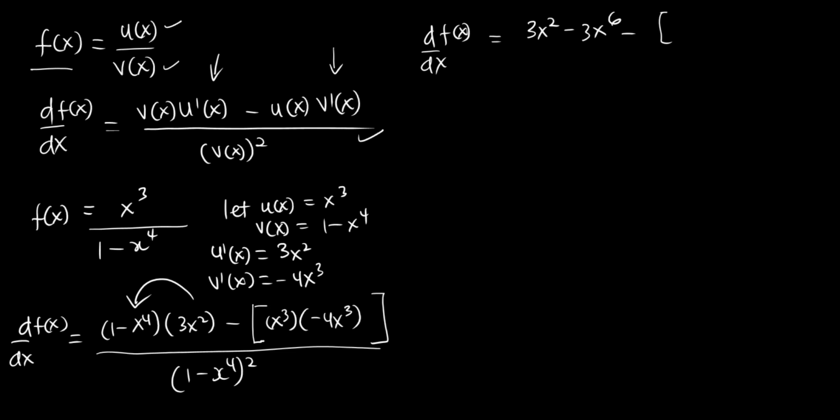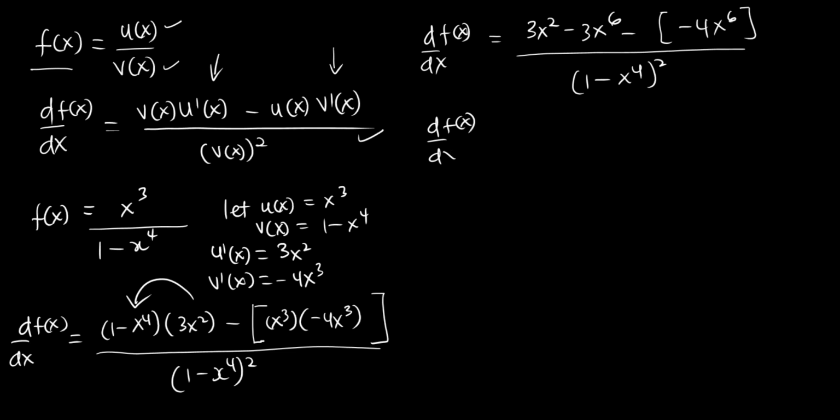That's going to give us minus 4x to the power 6. All this is divided by 1 minus x to the power 4 squared. Now let's simplify what you have on top. We're going to have df/dx equal to 3x squared minus 3x to the power 6 plus 4x to the power 6, all this divided by 1 minus x to the power 4 squared.